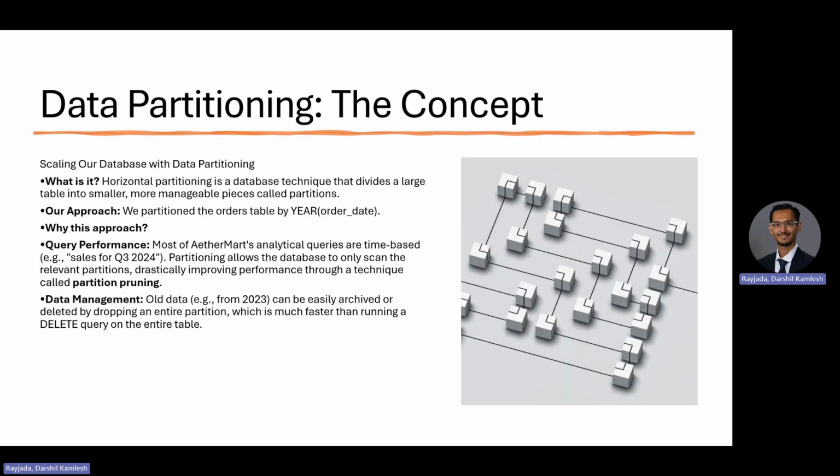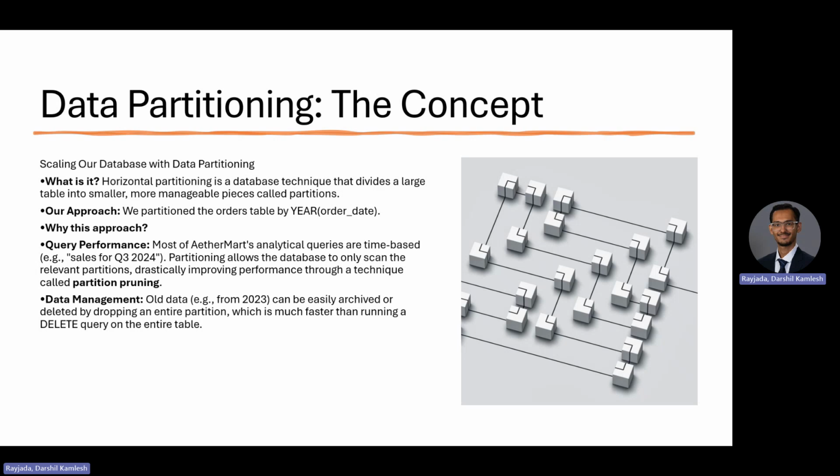Data partitioning. Partitioning is like breaking a huge book into chapters. Instead of scanning all pages at once, you open only the relevant chapter. For AetherMart, we partition the orders table by year. So if a query asks for 2024 sales, the database only looks at the 2024 partition instead of scanning the whole record.